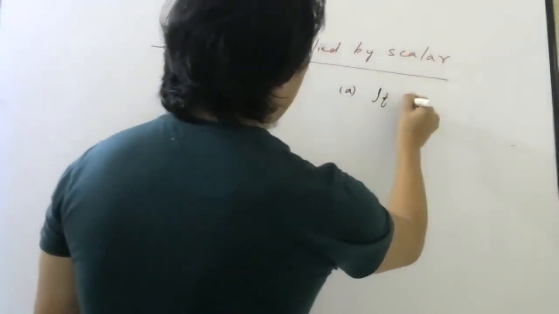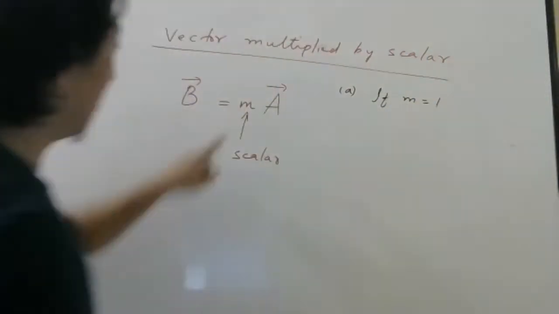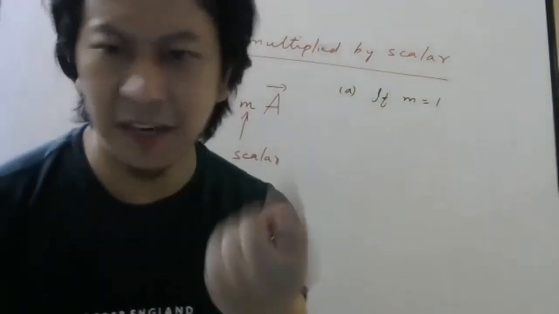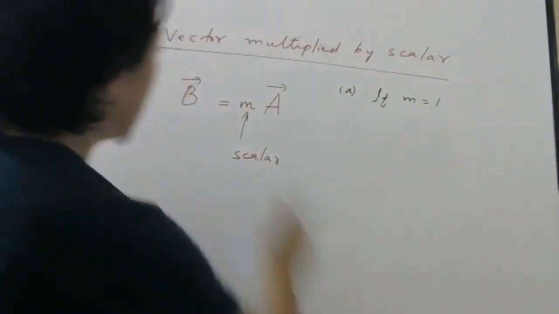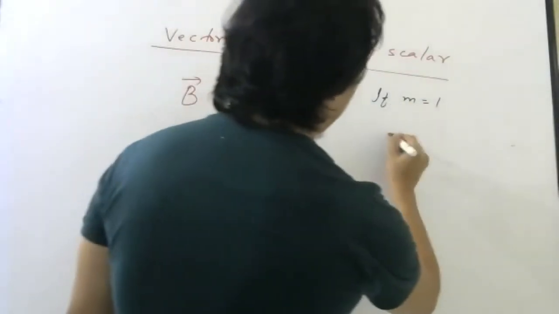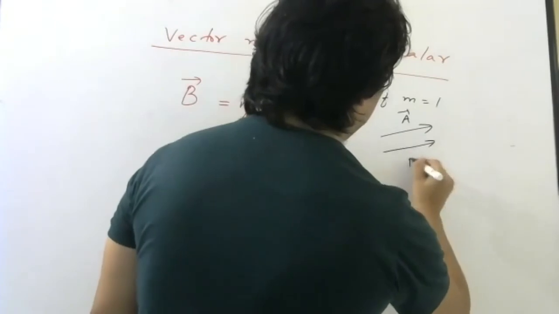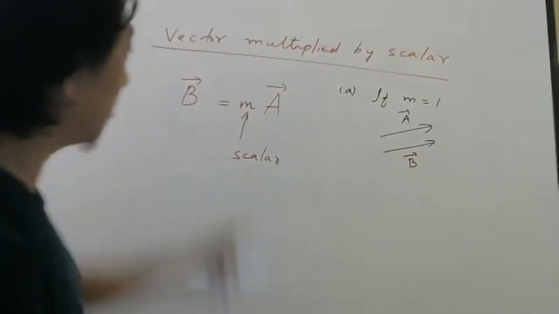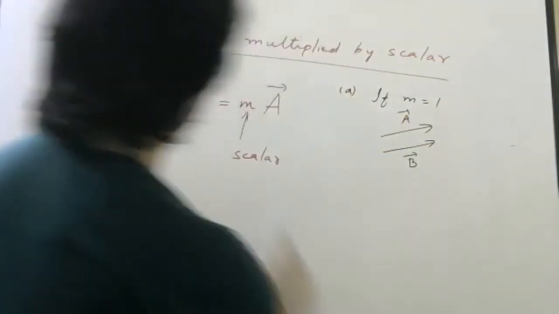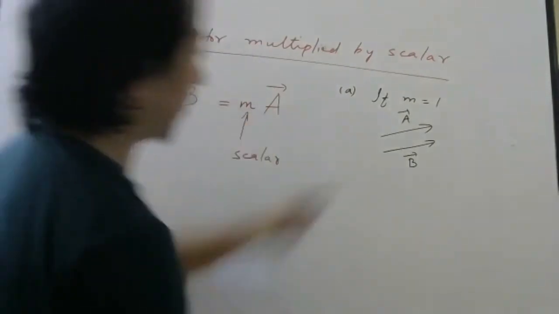If M is equal to 1, M is a scalar. Scalar means just a number, single number. So if M is equal to 1, then if this is A bar, this will be B bar. Accepted, right? Because if M is 1, then it means these two are equal vectors.